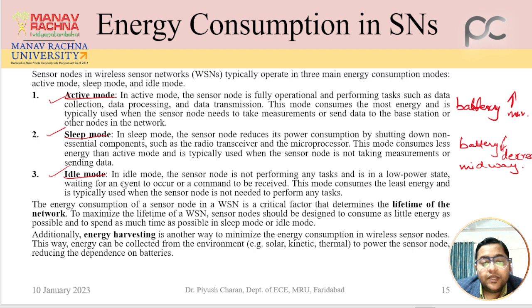Whereas in idle mode, the sensor node is not performing any task and is in a low power state, waiting for an event to occur. Just like when we are traveling on the road and there is an ambulance behind us, it gives a beacon signal, and you get an alert that the ambulance is there, and we have to make way for it to move ahead of us.